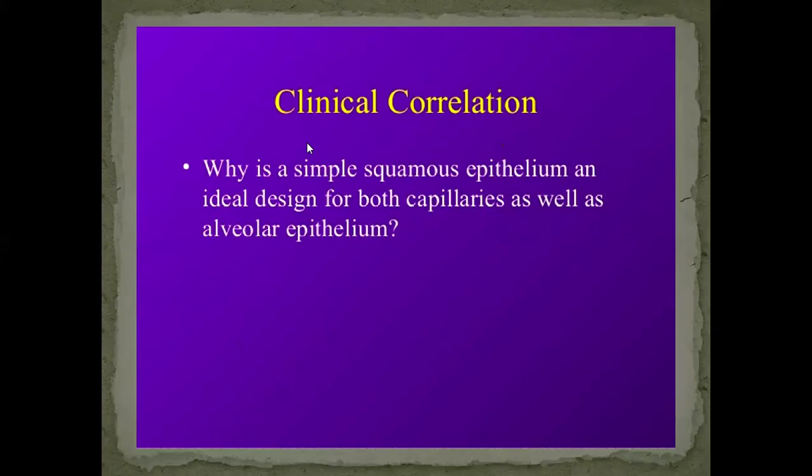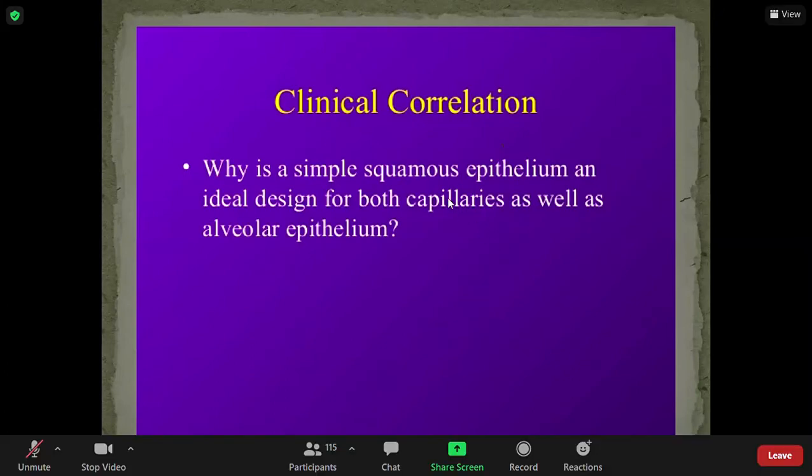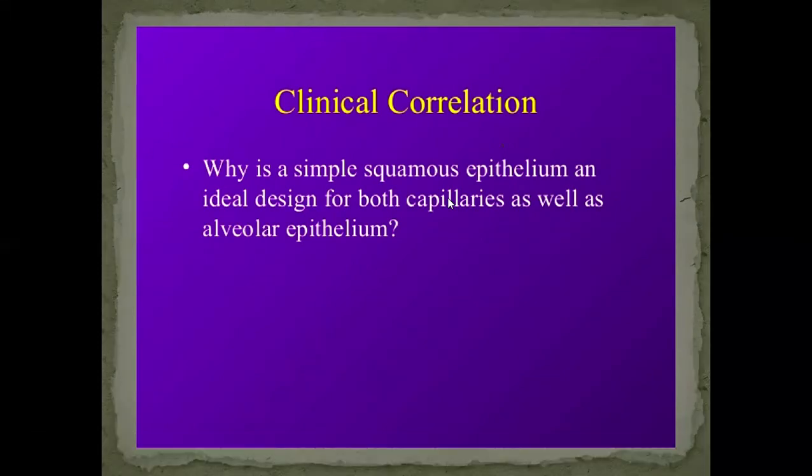I think I've said that already, but I want to know again the answers from the group. Okay, Miss Pacoma. Since capillaries and alveolus, there's secretion that's happening in capillaries and alveolus.